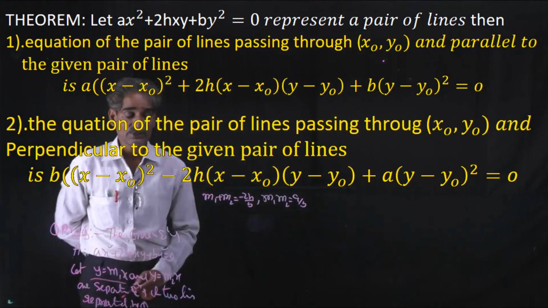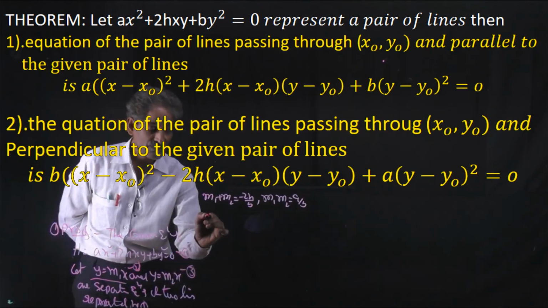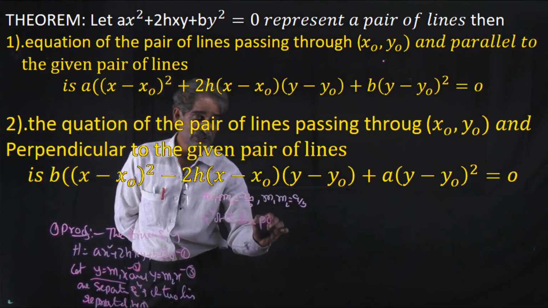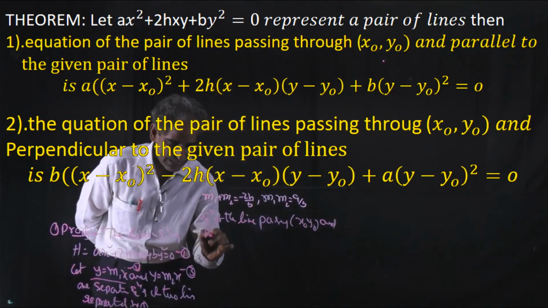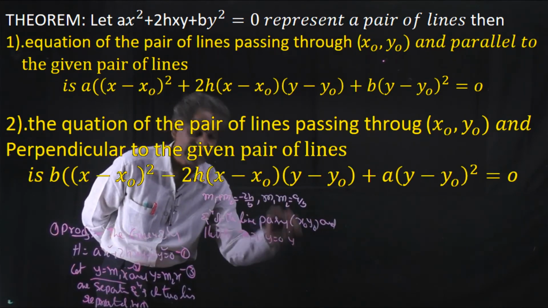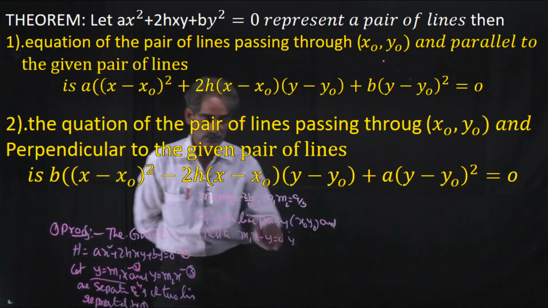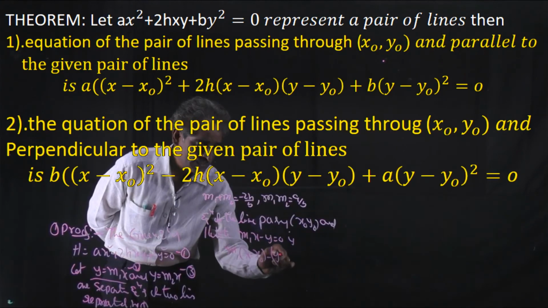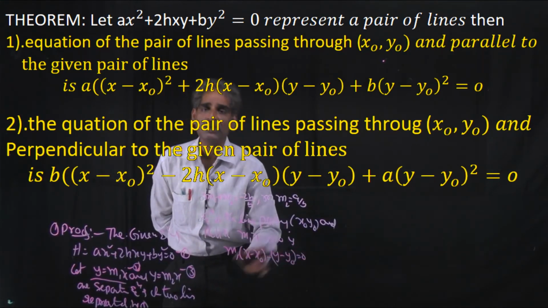Let us take this as 1, this as 2, this as 3. The equation of the line passing through (x0, y0) and parallel to y = m1x, that is m1x - y = 0, we already learned in straight lines: m1(x - x0) - 1(y - y0) = 0. This is the line passing through (x0, y0) and parallel to this one.